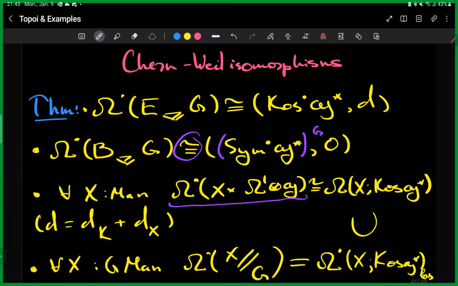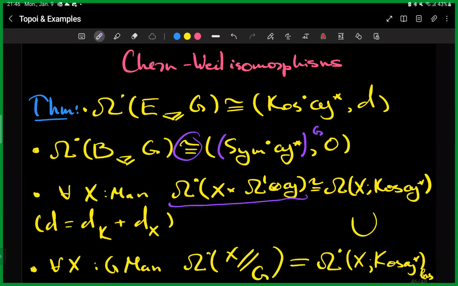And if we have a manifold with an action of a Lie group G, then the de Rham complex of its quotient is equal to the basic cohomology inside of this complex. So we have this far-reaching generalization of usual facts from Chern-Weil theory.